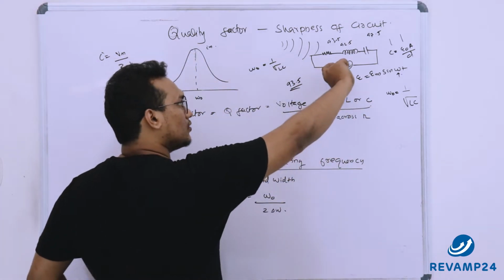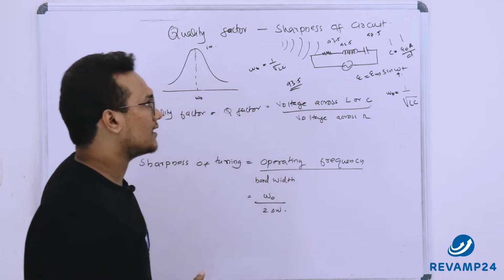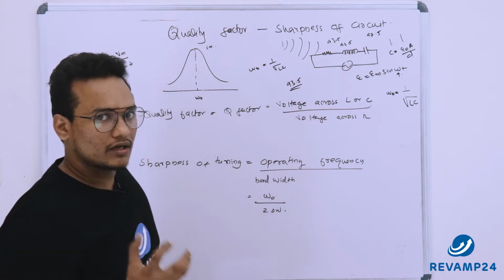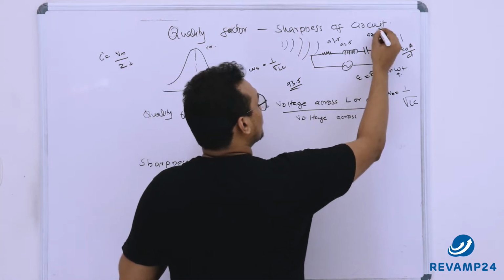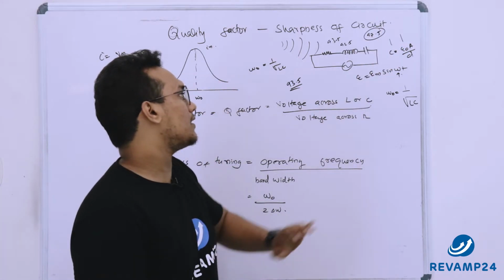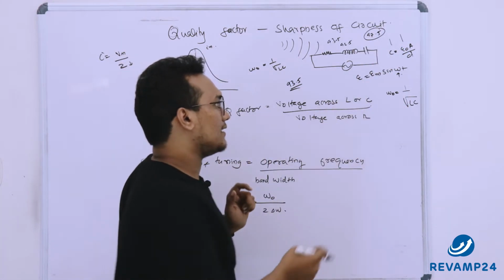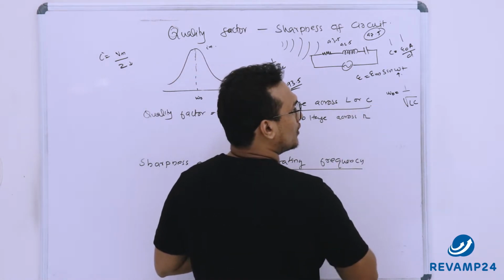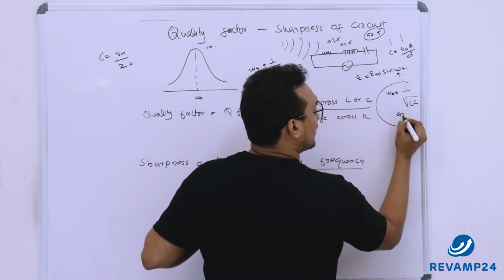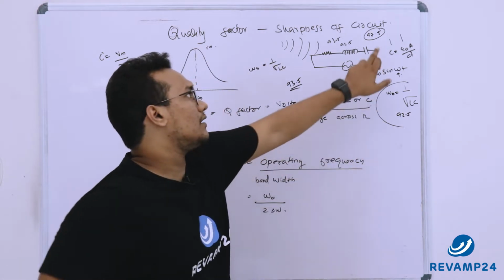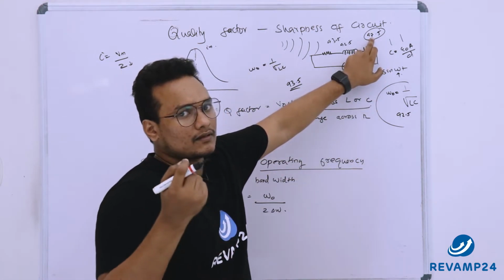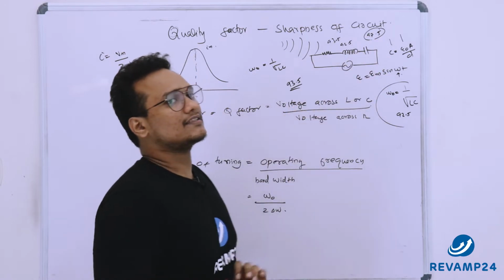Now, if we want to listen to a radio station which is 97.5, and I keep my circuit at such a value where its resonant frequency is equal to 92.5, then we can't listen to the signals sent at 97.5.